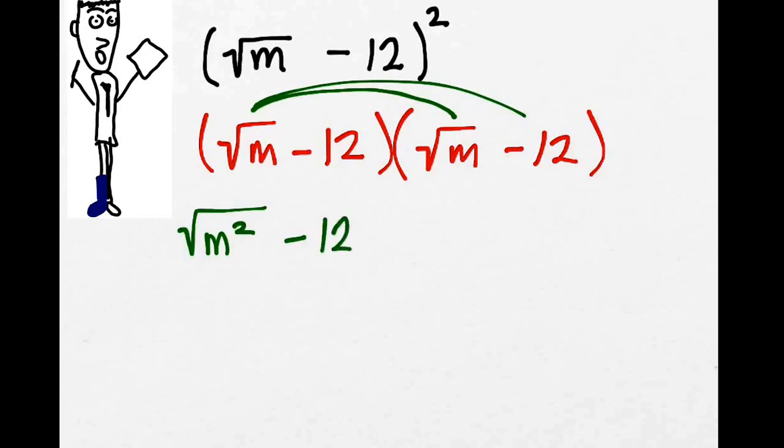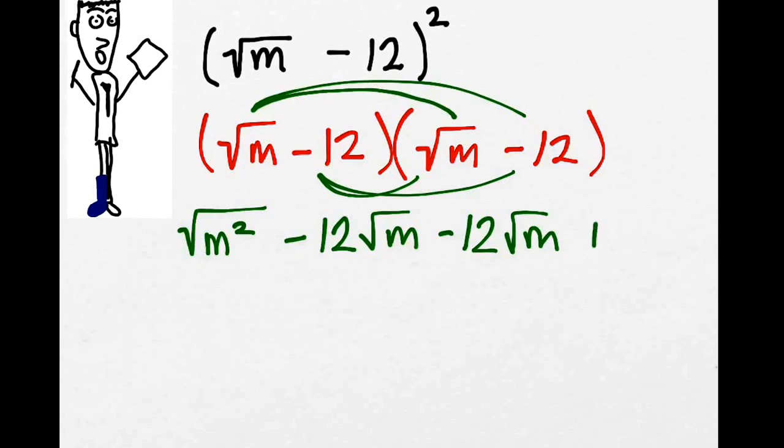So I have negative 12 root m. My inner term is another negative 12 root m. And my last multiplication is going to be a positive because, as you already know, a negative times a negative is always a positive. 144.